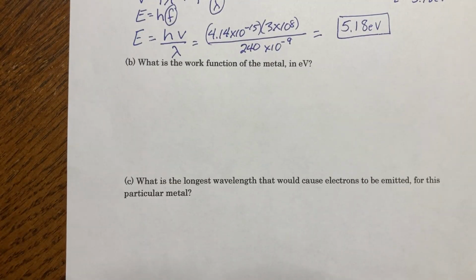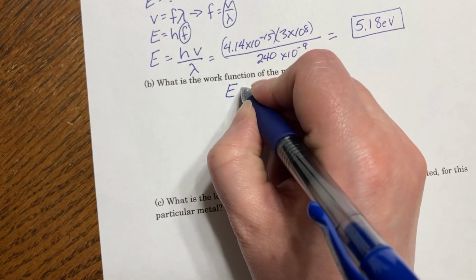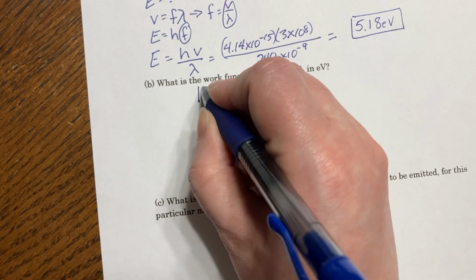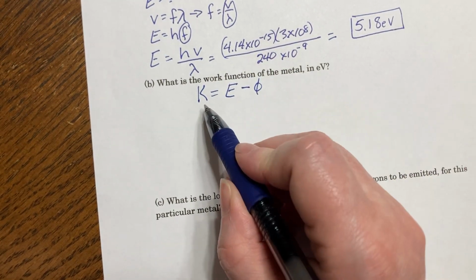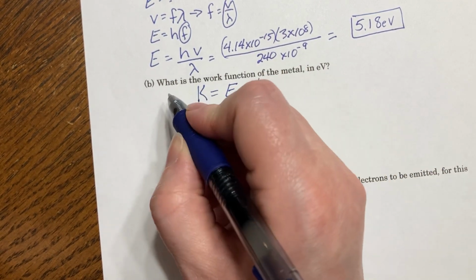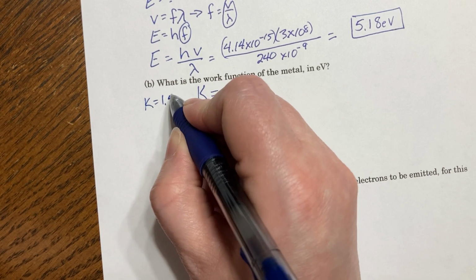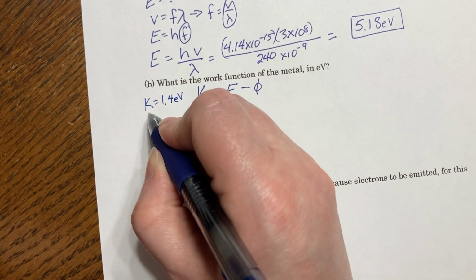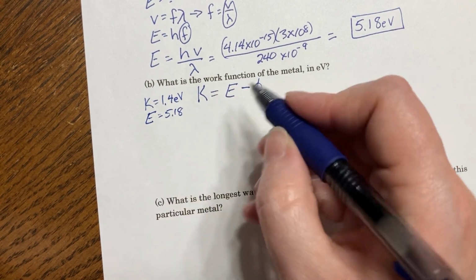So then it says, what is the work function? So the work function is in this equation. This is the work function. So we have K because we know that the electrons have 1.4 electron volts. And we know that the energy of the photons is 5.18.